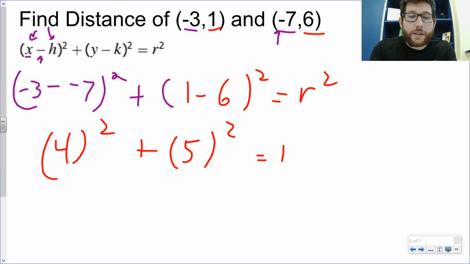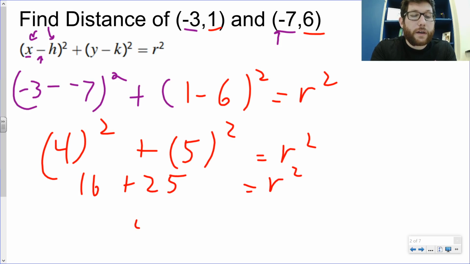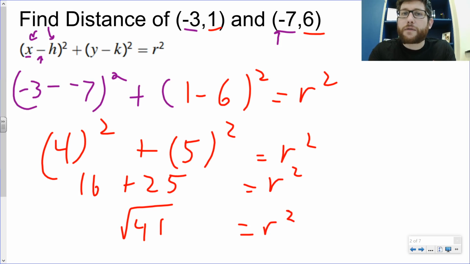This all is equal to r squared, and again, 4 squared plus 5 squared, that's 16 plus 25, which is 41. So this comes out very close to what our last problem came out to. That's probably going to come out to something like 6.5. All right, 6.4, 6.5, somewhere in that range.